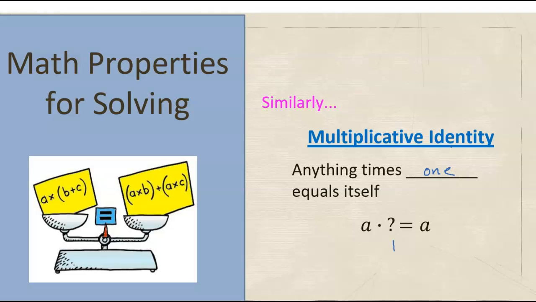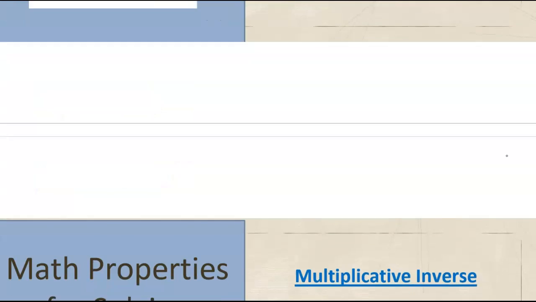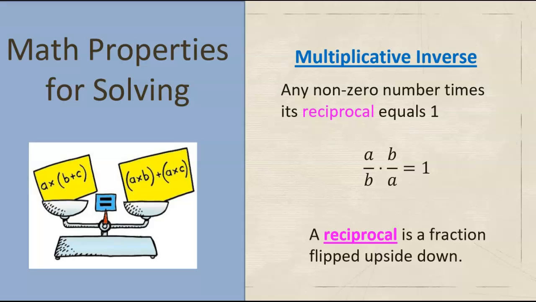Now the multiplicative inverse is a little bit more complicated, and this might be a new idea. But the multiplicative inverse is going to be the reciprocal. That means the fraction flipped upside down. So we have a over b here. If we multiply that by the fraction flipped upside down, b over a, we're going to get 1. Let's see how this works.